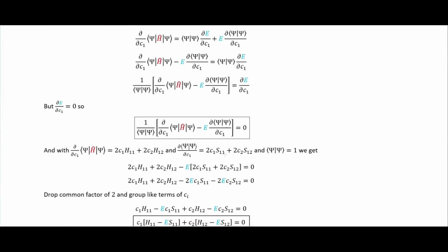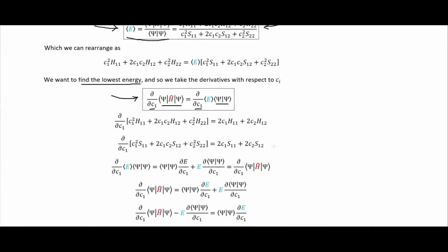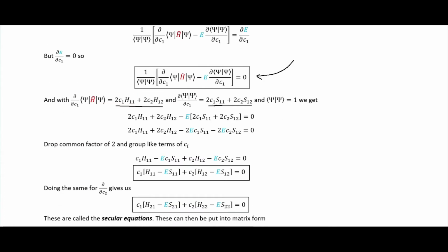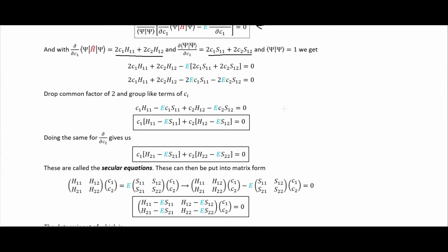After we do this, we get down to this point here, and then we make these substitutions of the things with the H's and the things with the S's. After a little bit of algebraic manipulation, we end up with this right here.